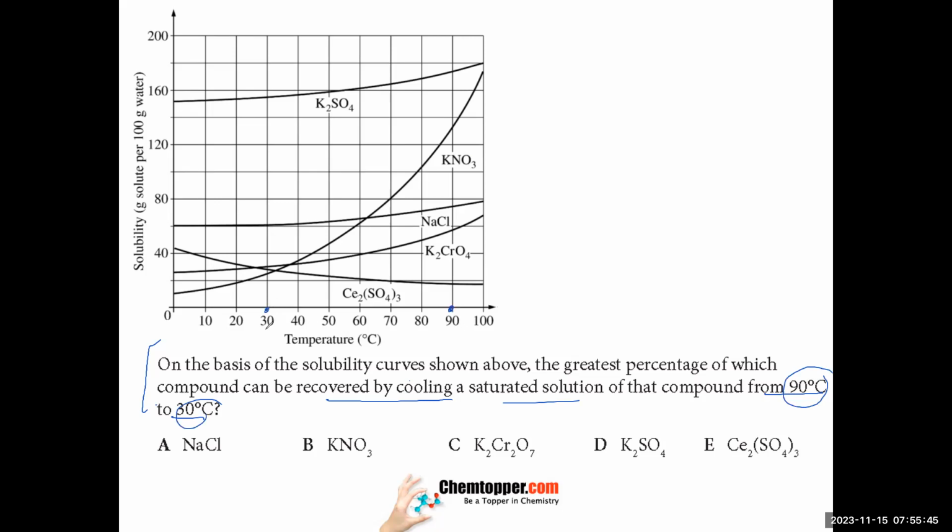Which one? KNO3? Yeah, B is the answer. Yes, good. Because you can see that the rest are not showing much difference. The solubility is changing, but not as much as KNO3. So that's the technique that can be used to separate KNO3, just by decreasing the temperature.